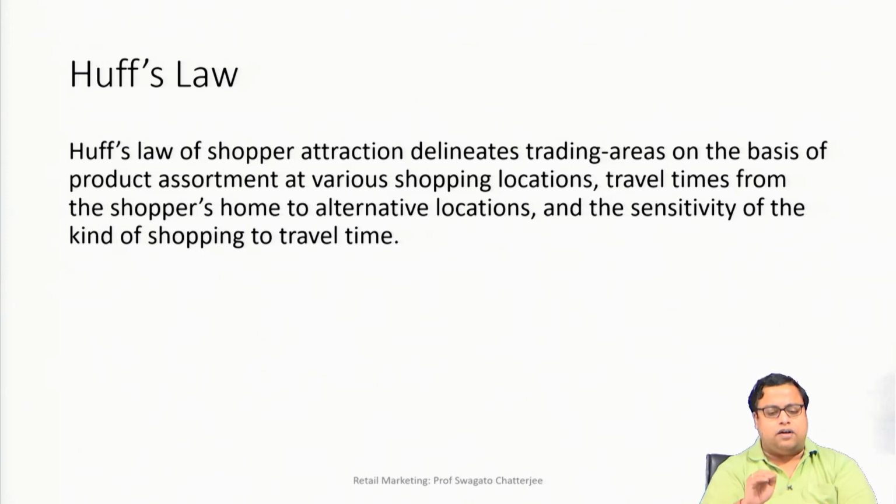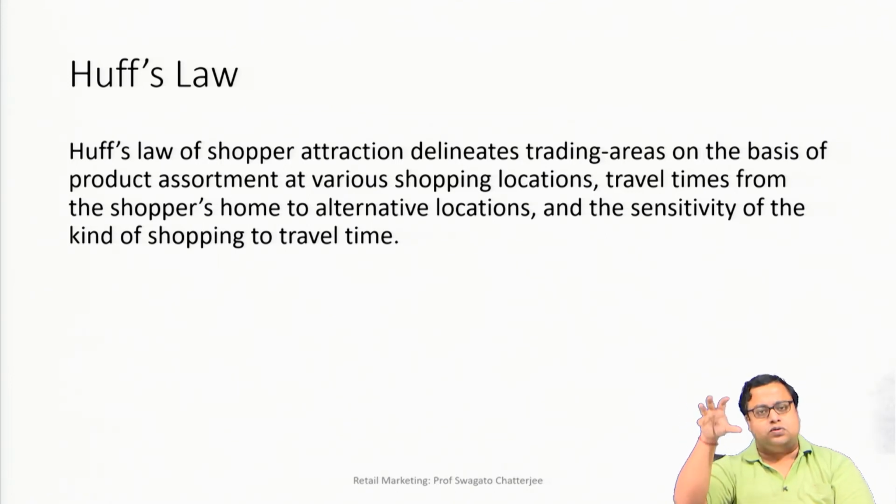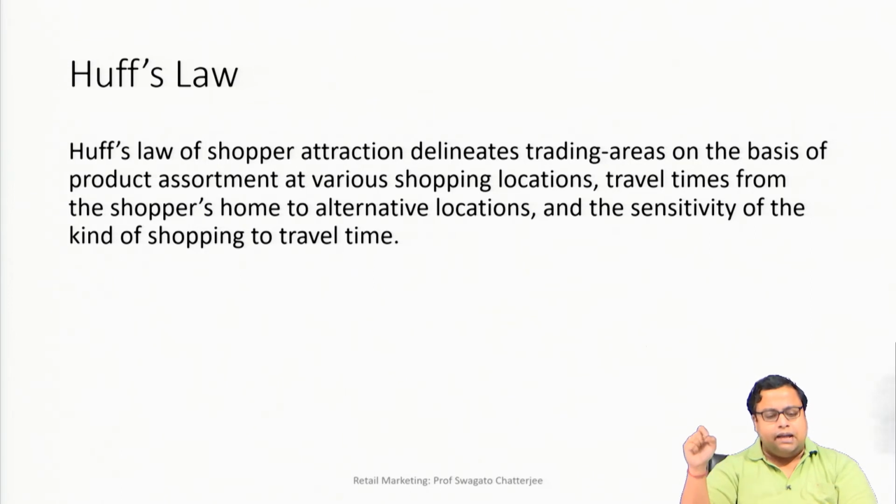So, Huff's law of shopper attraction delineates trading areas on the basis of product assortment at various shopping locations, and the degree of product assortment available is proportional to the population of that location. Travel times from the shopper's home to alternative locations, and the sensitivity of the kind of shopping to travel time. So, these are the three factors that they consider.